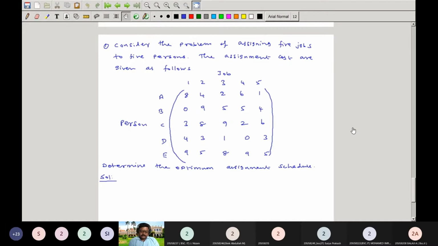Note 4: sometimes a final cost matrix contains more than the required number of zeros at independent positions. This implies that there is more than one optimal solution, multiple optimal solutions with the same optimum assignment cost.